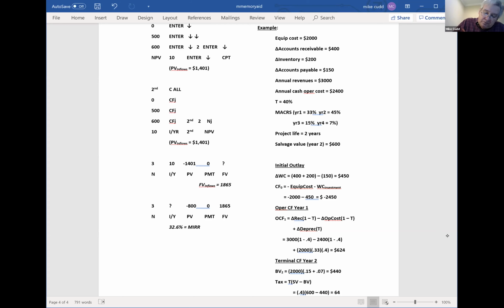One of the things in the initial cash outlay that you'll have is a working capital investment, possibly.